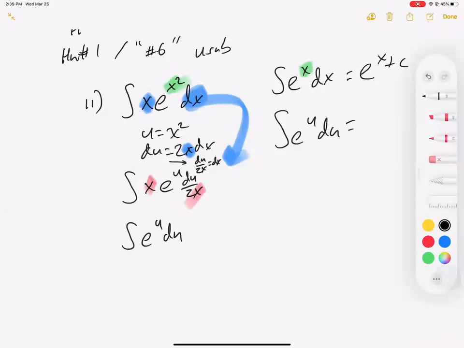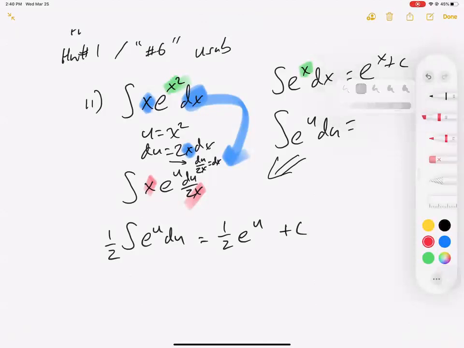My writing's terrible, e to the u du, and we're going to move our 2 on the denominator as a fraction to the outside, just to make my life easier. Rewriting it, the integral of e to the u is just e to the u plus c.